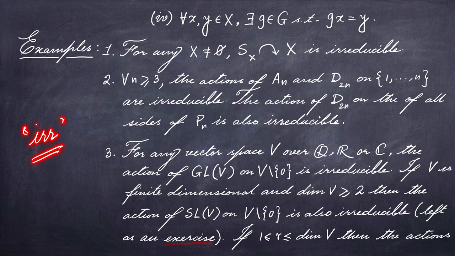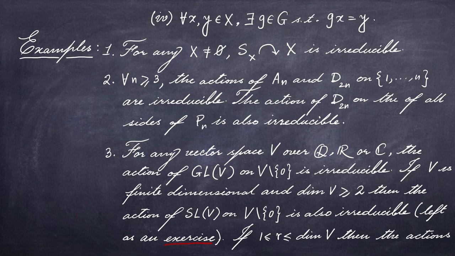This is because then it will be easier for us to see the similarities between irreducibility of actions and that of representations. So for this lecture, we will stick to this terminology irreducible.